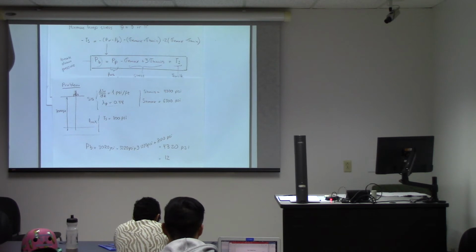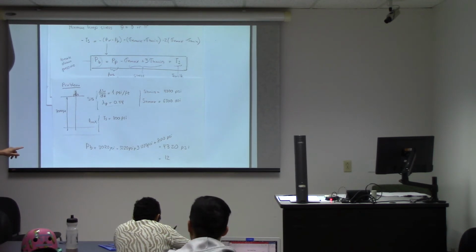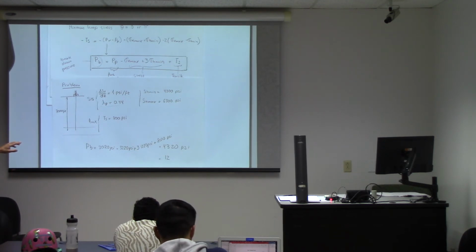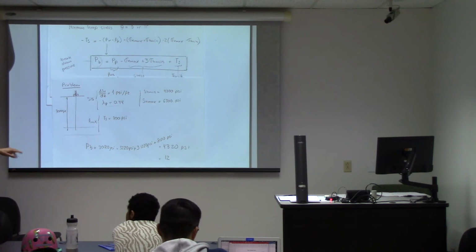Yeah, but basically what you have to do is take that value, multiply it times 8.3, and divide it by the depth, and that should give you a number. Wait a minute, I'm going to write that out.